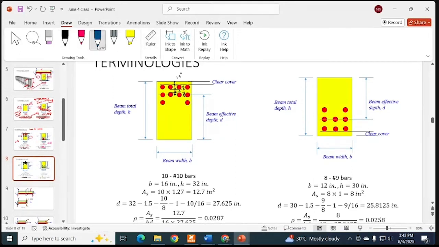Similarly, for the right example, centroid will be located here at the center of the middle bar. আমরা মনে মনে কল্পনা করব যে আরেকটা রড এখানে হয়তো ছিল, যদি নাও থাকে আমরা মনে করব যে এটা থাকলে সেন্ট্রয়েড যেখানে হতো সেটাই। So centroid is at the middle. So what are the things you subtract?